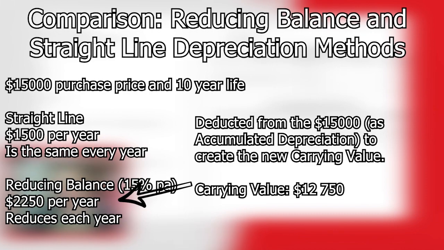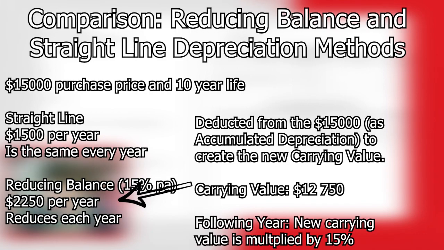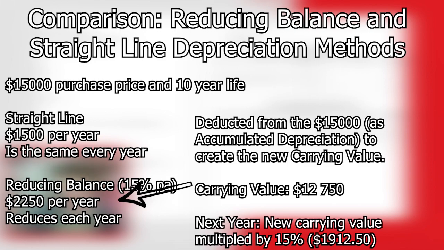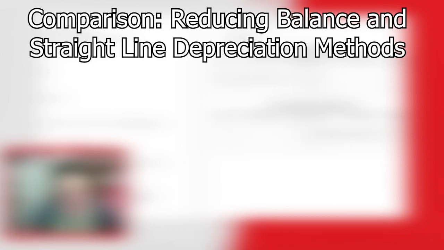That 12,750 becomes the carrying value. That carrying value then is multiplied by 15% to give us a new expense of 1912.5. And we can see right there, it is going to be different year on year.